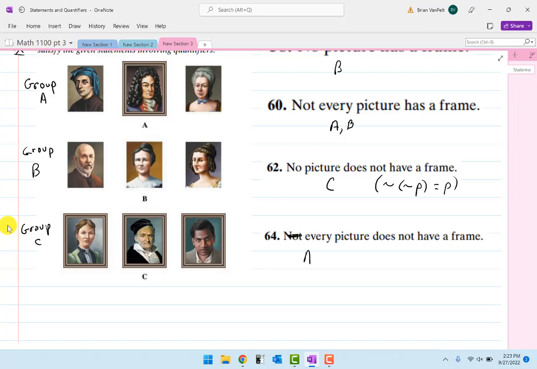So A, every picture, that would have been true for A. B, every picture does not have a frame. Actually, I was wrong about that first one, wasn't I? The only one that's true for, every picture does not have a frame. The only thing it was true for was B. With that in mind, if I take the not of all of that, that means that the statements that were false, which were A and C, they were false before, now they become true.